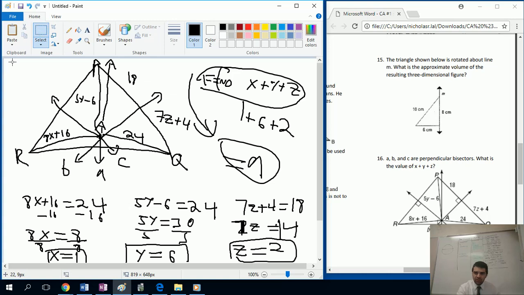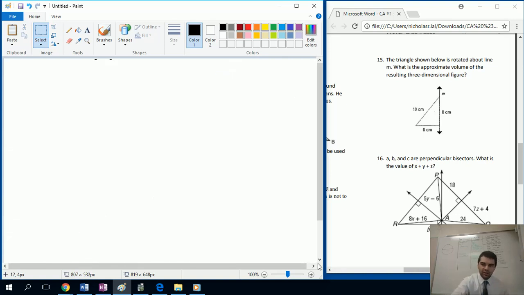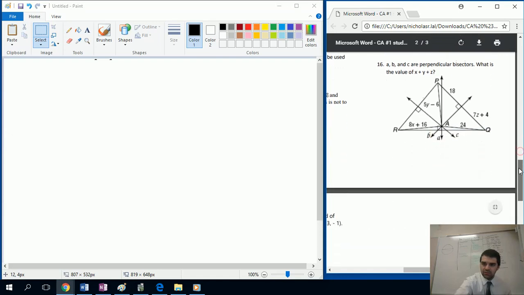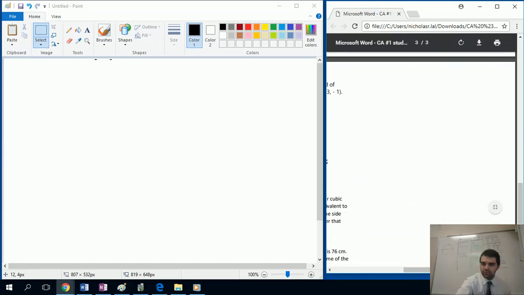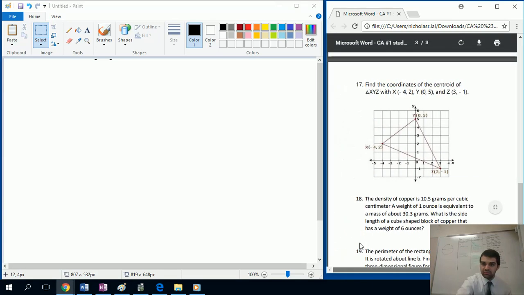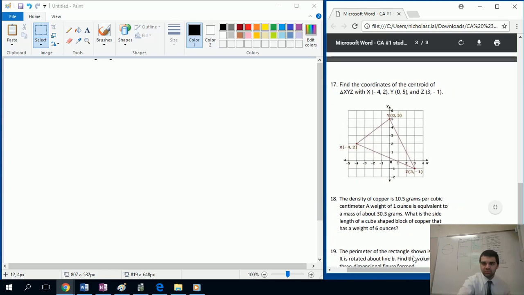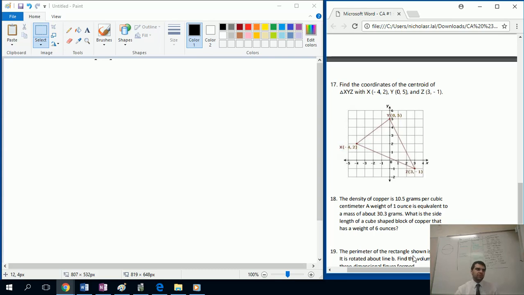And this was, of course, number 16. Alright, I think we're in the latter third. Find the coordinates of the centroid. So for 17, we have x, y, z.